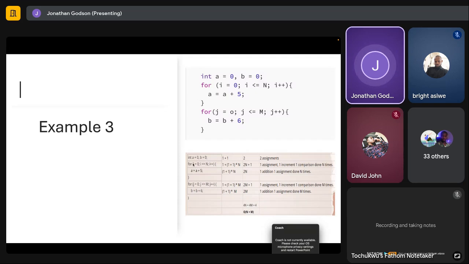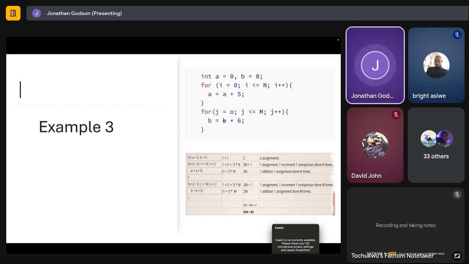So this operation is running n times. We have an assignment here, one assignment, one increment, and one conditional statement done n times. That gave us this. So we have 2n for this block of code.